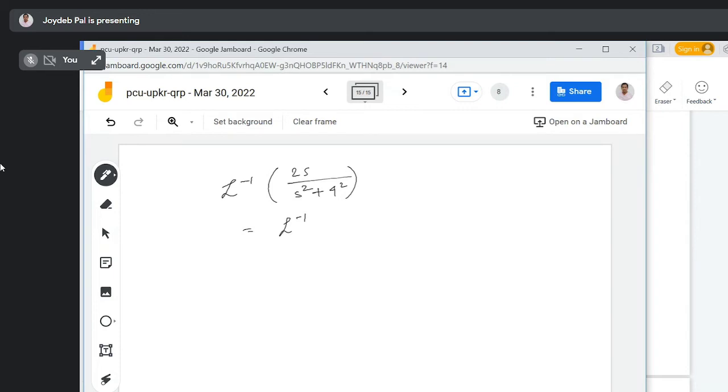It is 2s by (s square plus omega square). Yes sir. So we can write that to here. Then it is s by (s square plus 4 square). Sorry, not 4 square actually, it is 2 square. Okay, it is 2 square. Then it is exactly a formula. Do you get it? Yes sir.